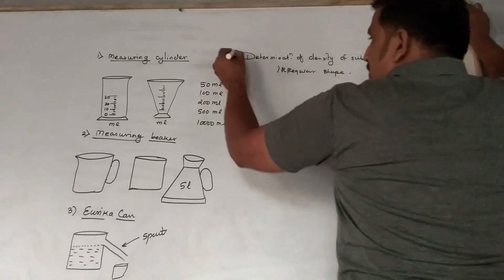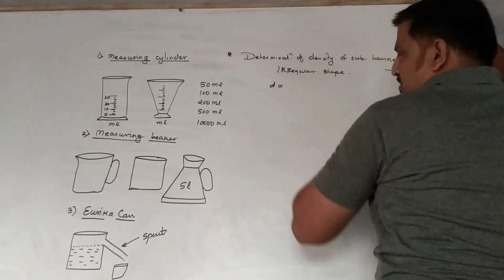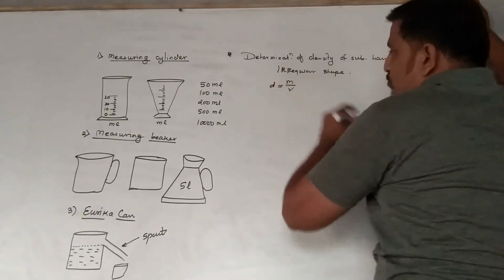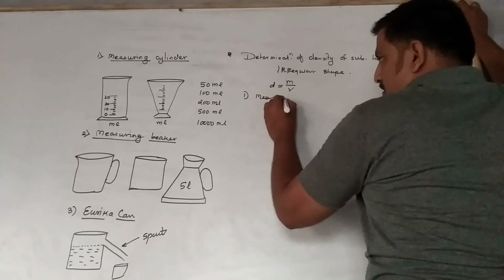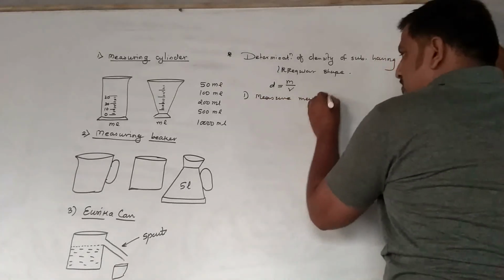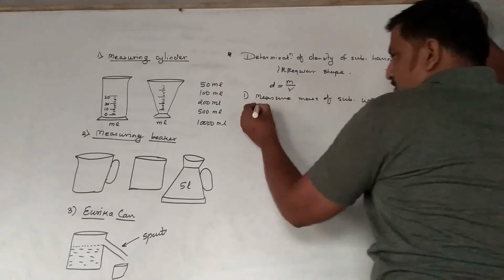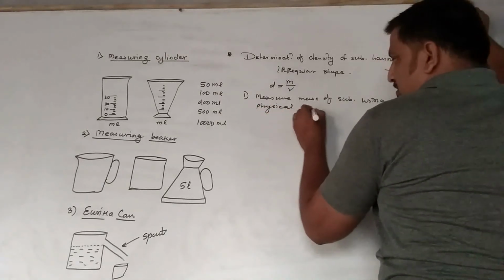Now again, I request you to keep in mind the formula. Density is equal to mass upon volume. Two things we need. First, measure the mass of the substance using a physical balance.